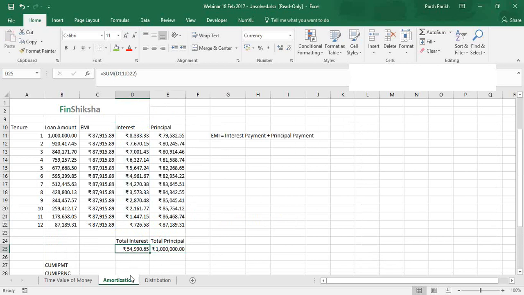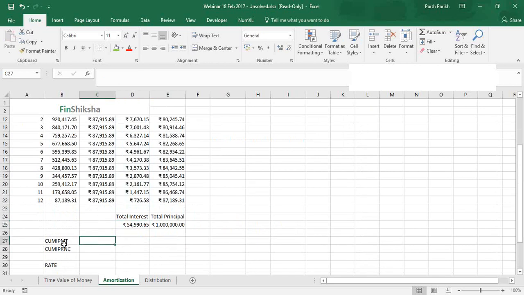There is a formula called cumulative interest, CUMIPMT, which says how much interest I have paid between two periods. The only difference is the start period, end period and type. The rest remains the same as PMT.